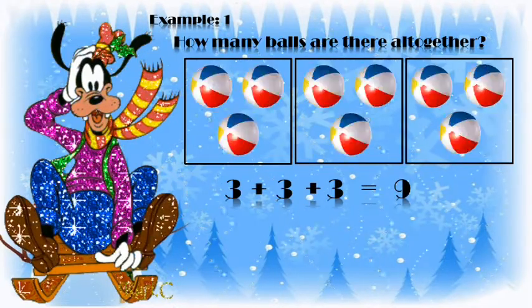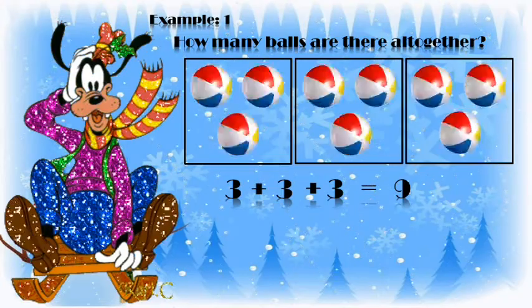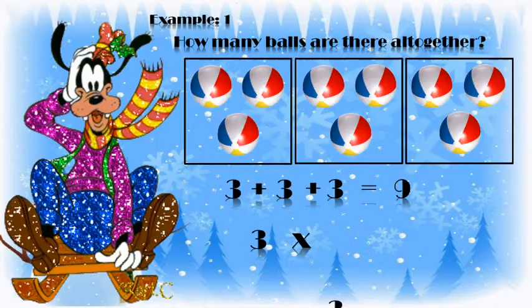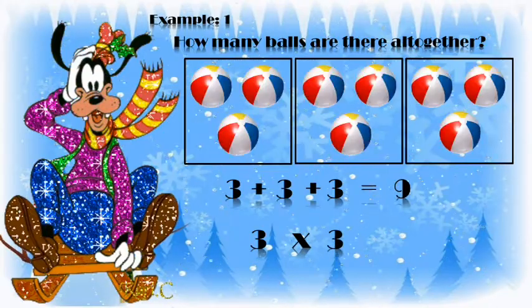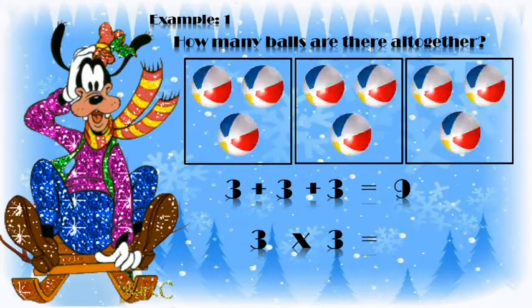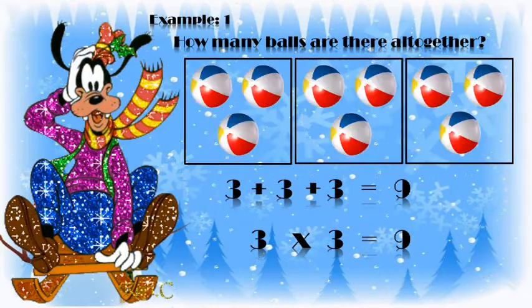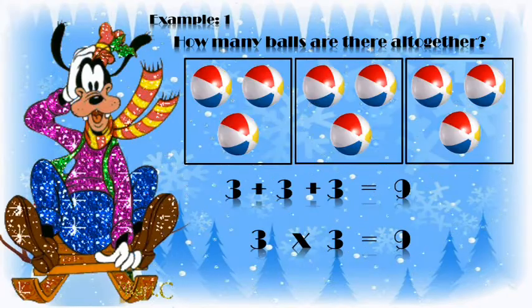If we are writing multiplication number sentence, then 3 multiplied by 3 is equal to 9, or 3 times 3 is equal to 9.